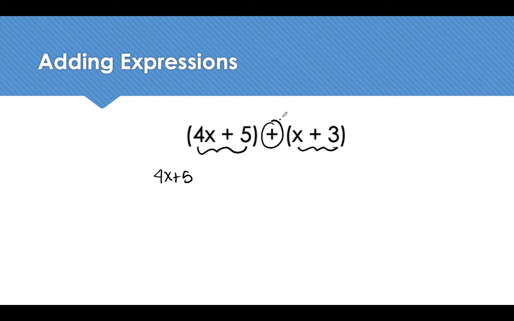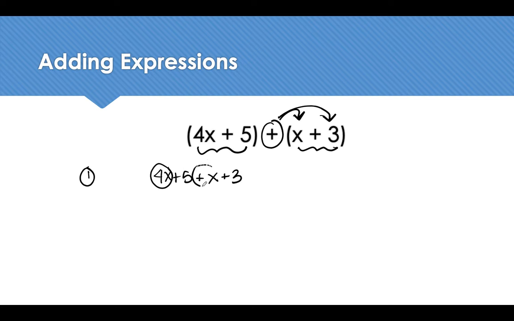So basically, I'm adding not just the x, but I'm also adding the 3 on. So I'm going to write plus x and then plus a positive 3, which is just plus 3. So step 1: rewrite this expression or addition problem with no parentheses by adding both terms in the second quantity.